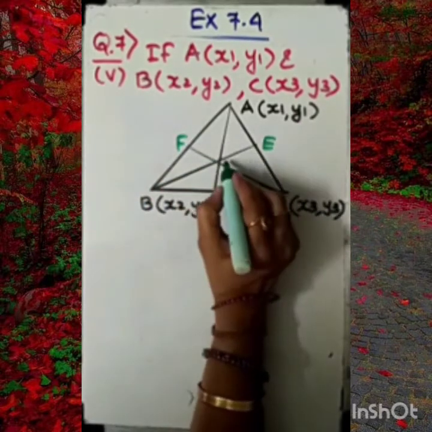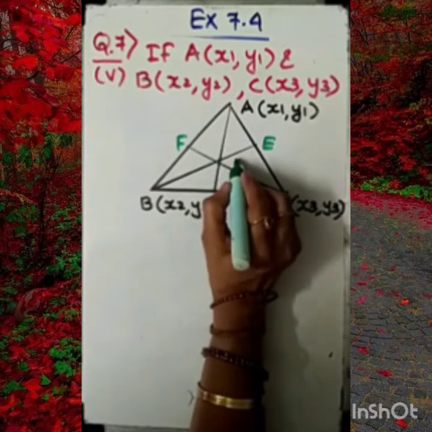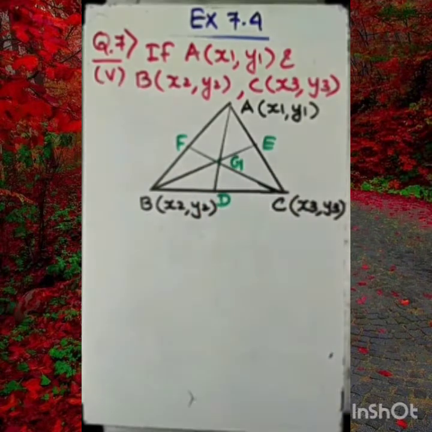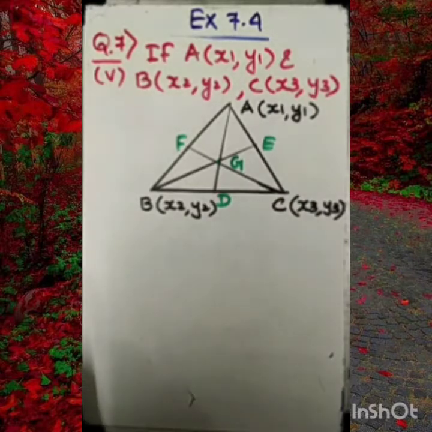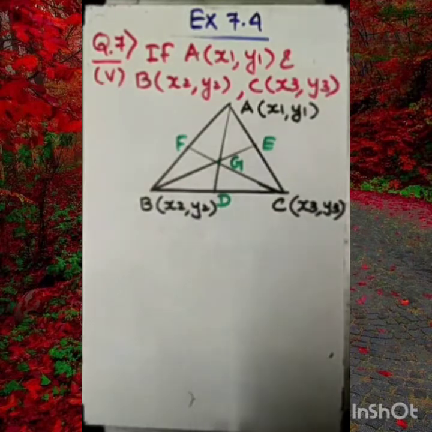Let's consider the meeting point of these, that is G, as the centroid. I am considering G as the meeting point of all three medians, where they are concurrent. So dear student, let's begin the solution.